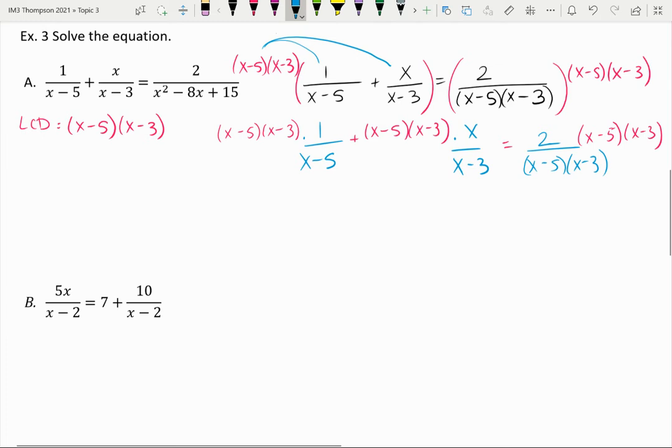Now I'm going to go through and I'm going to simplify. Like I said, you could probably jump from this step to the next step I'm going to do, but... So now when I take x minus 3 times x minus 5 times 1 over x minus 5, the x minus 5s cancel. That leaves me with just x minus 3. I have a plus sign.